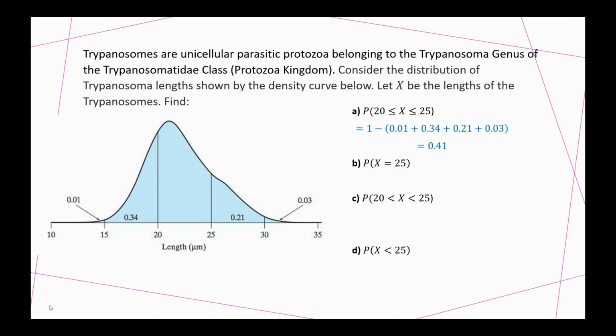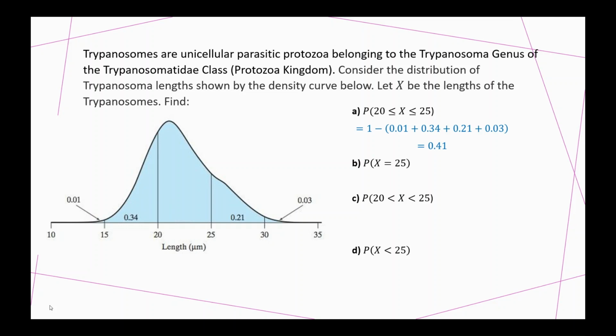I've just done 1 minus the other 4 areas, and that should leave me with the area of the piece I'm left with. And that does make me want to say one more thing here: we want these numbers to be decimal numbers when we're talking about probabilities. But I also want to emphasize that the 0.21 you're seeing between 25 and 30 means multiple things.